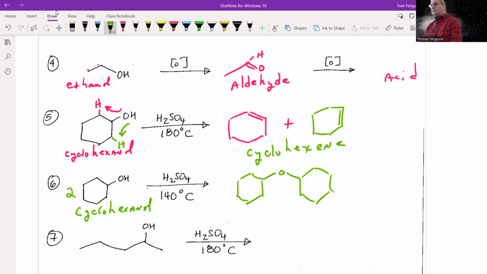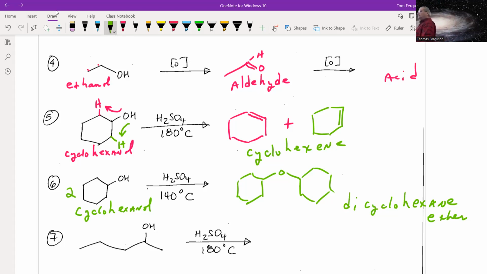So we have cyclohexanol forming dicyclohexane ether.